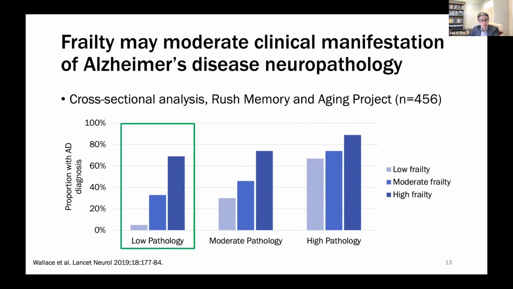But among those with low burden of neuropathology, only people with high frailty level had been diagnosed with clinical dementia. So these data suggest that frailty may reduce tolerance of Alzheimer's disease neuropathology, and therefore patients with high frailty are more likely to be diagnosed with clinical dementia even when their neuropathology burden is not high.